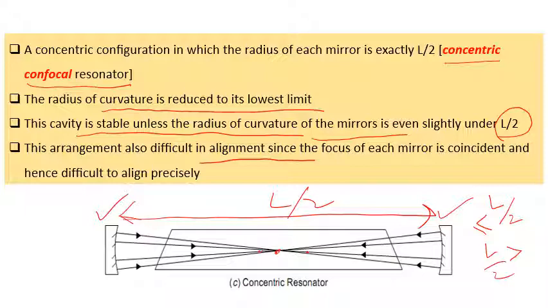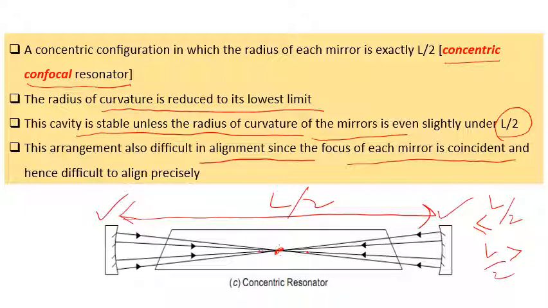A concentric confocal resonator is difficult to align. Okay, so the focus of each mirror is coincident and it is difficult to align. Definitely, how can you make it like this? You need a certain special technique for this one. Okay, even though it's stable, alignment is a big issue here.